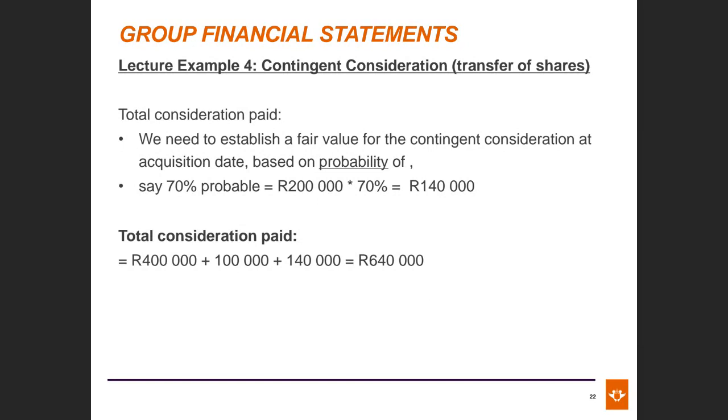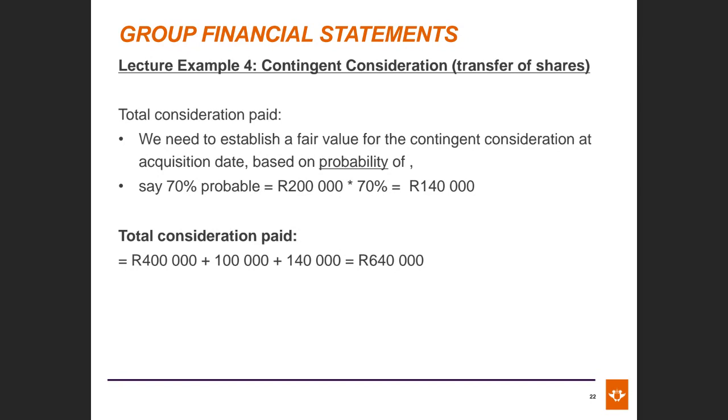Remember we had the cash of 400,000 Rand and we had the 1,000 Class A shares in POP of 100,000 Rand. And then we had our contingent consideration and we calculated the fair value of the contingent consideration at acquisition date by taking the 200,000 Rand and multiplying this by 70%.